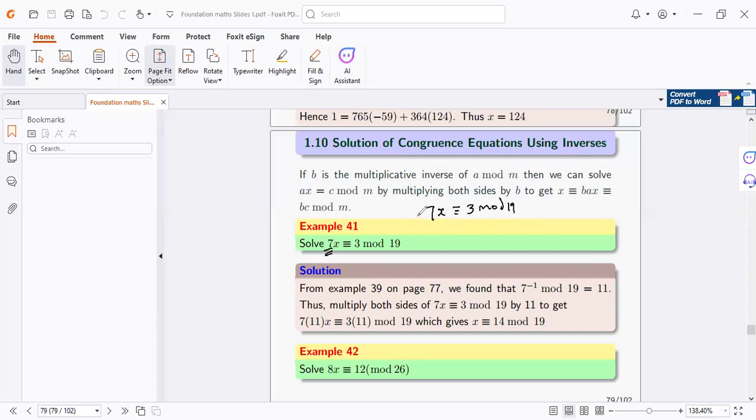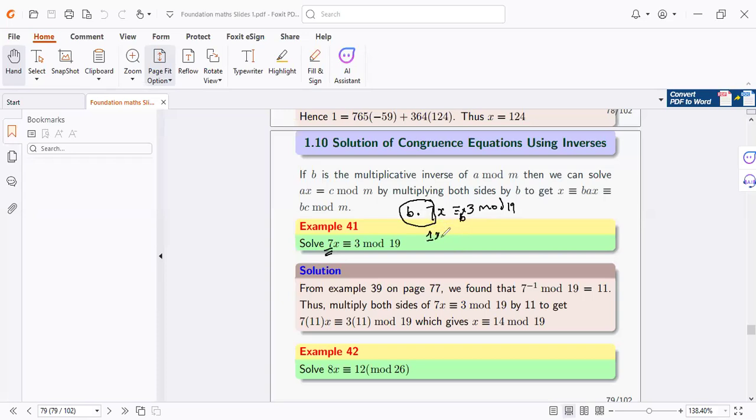and I have the inverse, I multiply that inverse on both sides. Let me say the inverse is b. I multiply it on the left side and also on the right side. Now I know what this will give me, because a number times its inverse is supposed to give me 1.